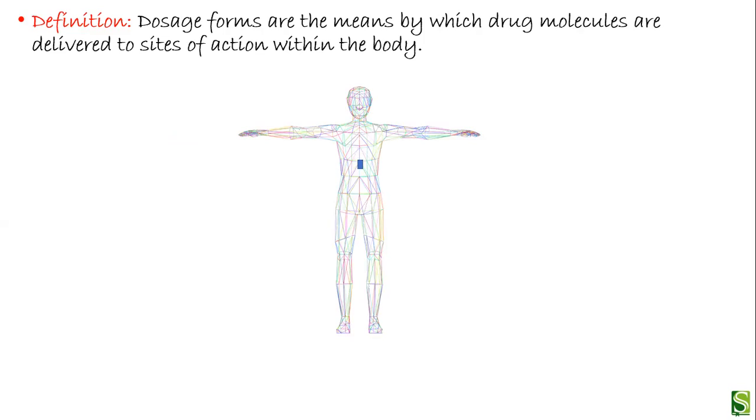So we can say that dosage form is going to act as the carrier, and once this carrier moves inside your body, it disintegrates or allows the drug to move into different parts of the body. So in this way the drug reaches the site of action. Okay, so we can say dosage form is nothing but the carrier for a particular drug inside the body.